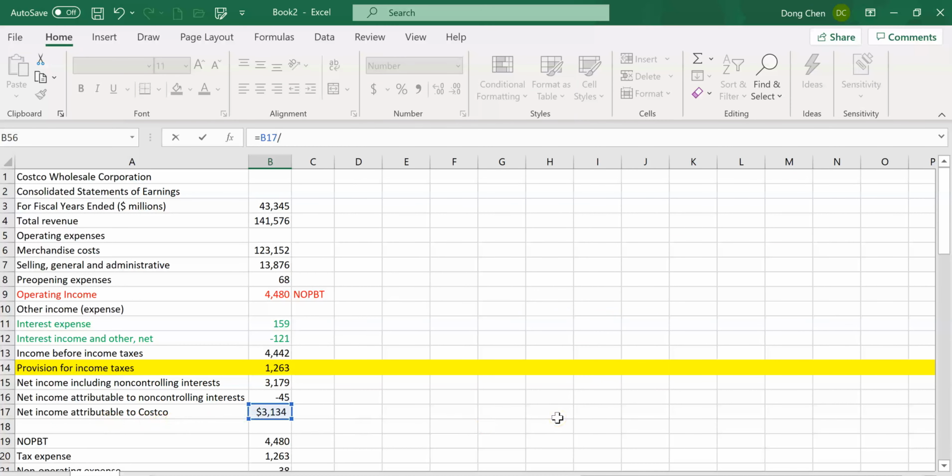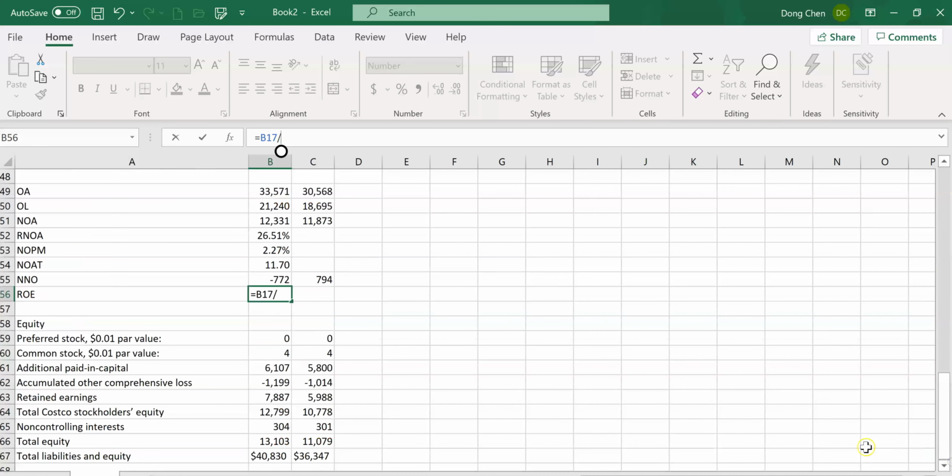The denominator is the average level of the equity, from the balance sheet. For equity we also have two numbers: the total equity, and the total Costco stockholders' equity. Since the numerator uses the income attributable to Costco, to be consistent the denominator should also use only the total Costco shareholders' equity.